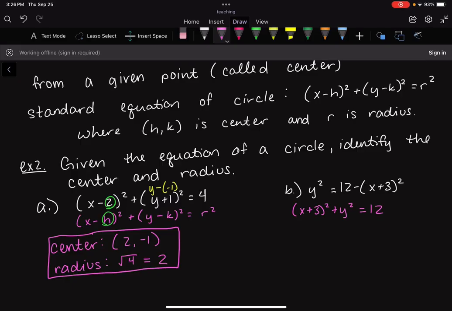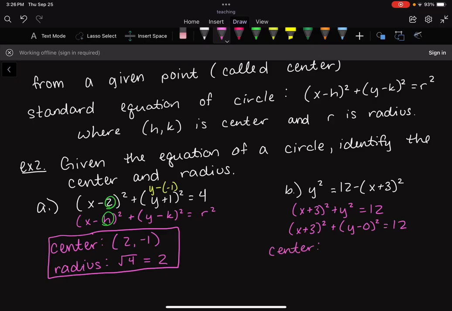Now be careful as well with that y. What it's really saying is y minus nothing. So if you don't see anything like with the y^2 like that in the parentheses, then it's just 0. But if you want to, you can maybe write it out.